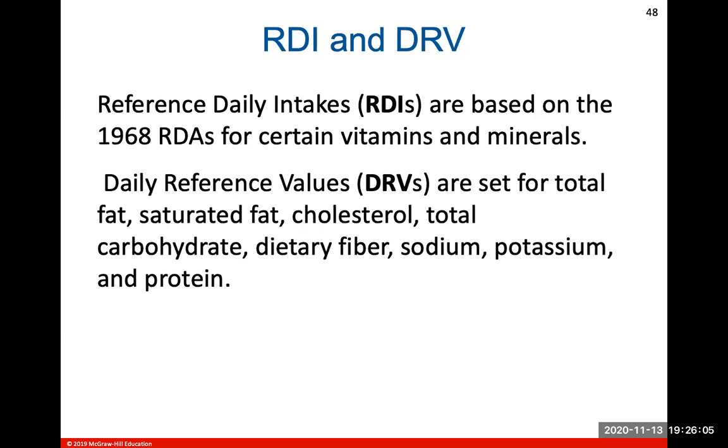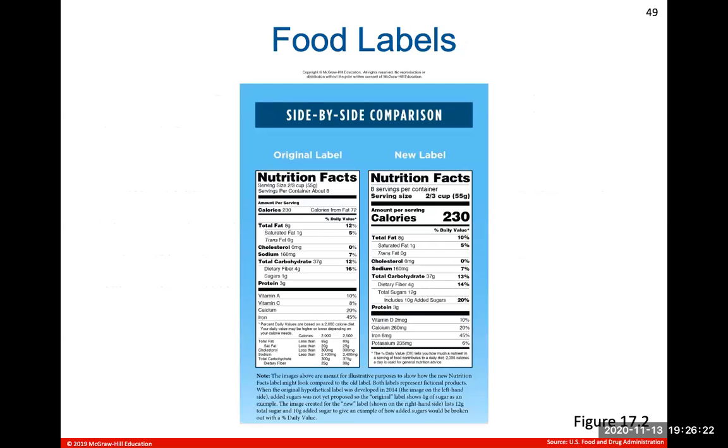The reference daily intakes are based on the 1968 RDAs for certain vitamins and minerals. Daily reference values are set for total fat, saturated fat, cholesterol, total carbohydrate, dietary fibers, sodium, potassium, and protein. So this is just to look at a side-by-side comparison of food labels from the original label, which would be years ago, to the new label.